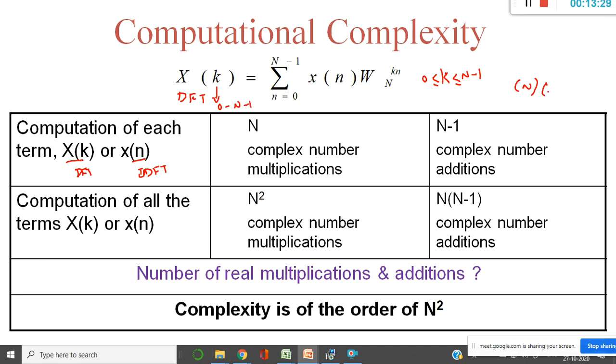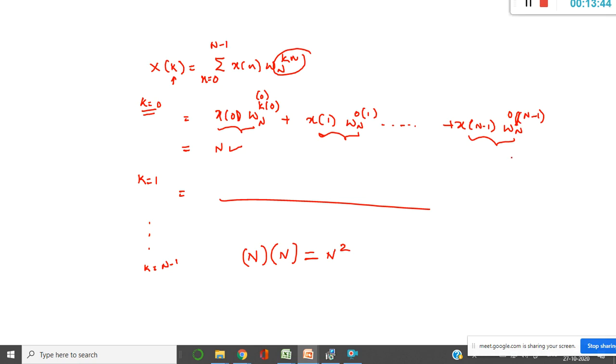Therefore, the total number of multiplications is n square, right? Similarly, how many complex additions are going to be present here?